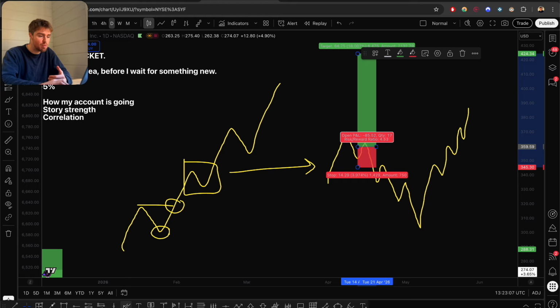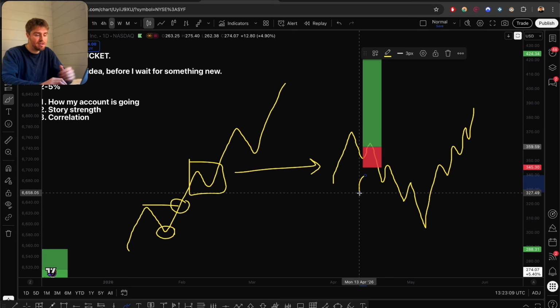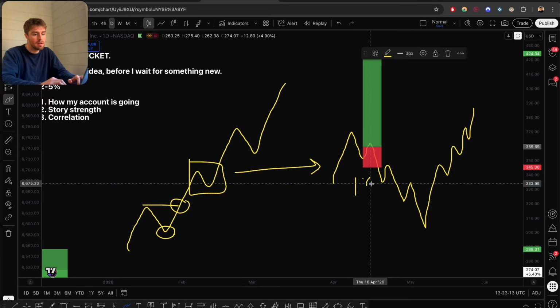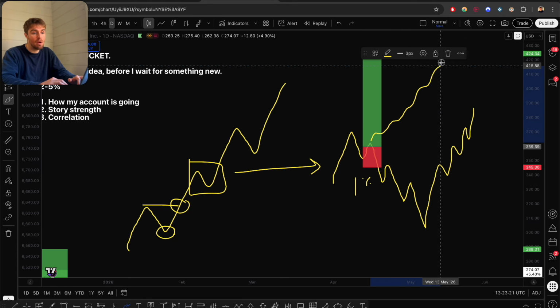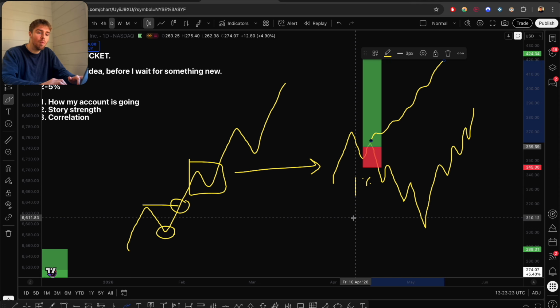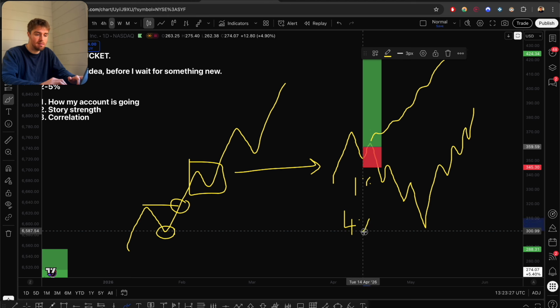So let's just say you risk 1%. And instead of this happening down here, what actually happens is your first position goes straight into profit and things go up. Great. But your overall willingness was to actually risk 4%, but you only ended up risking 1%.